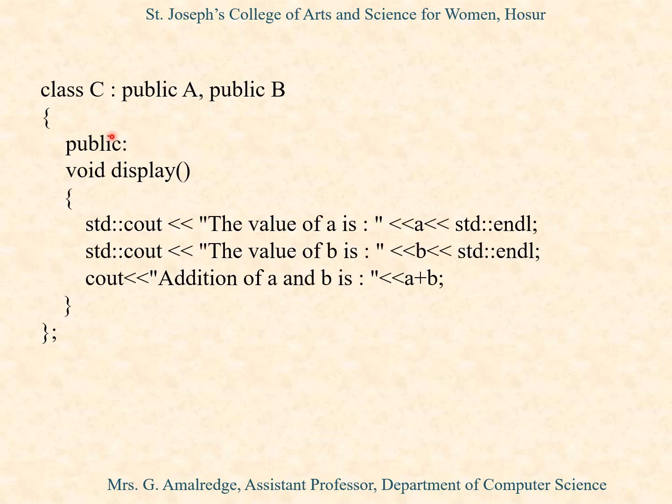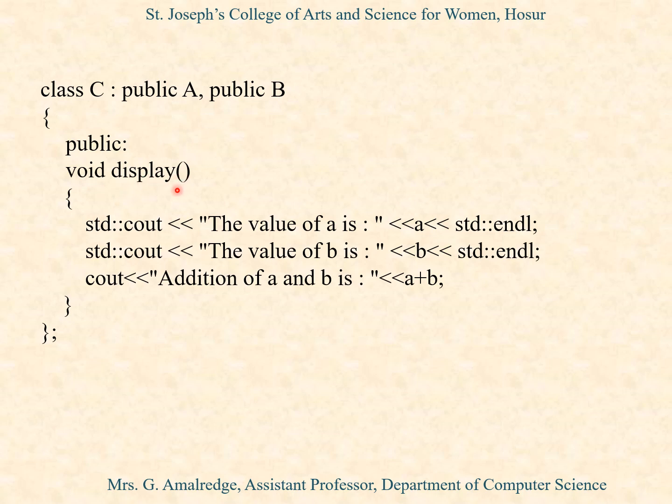Now this is class C. This is the derived class which inherits the features or properties of the base classes A and B. In the class C, we are creating a member function called display.